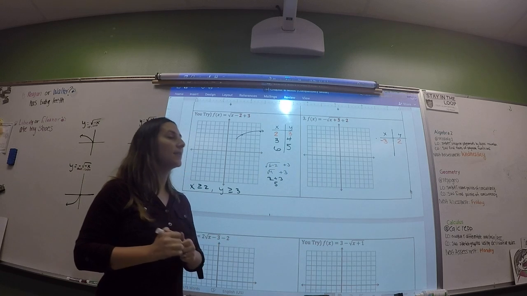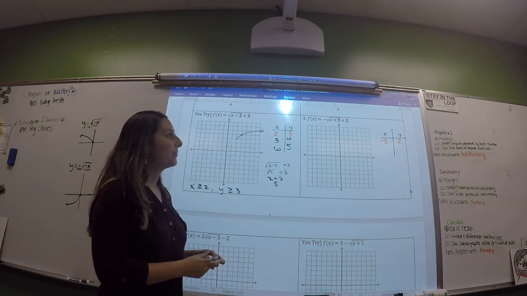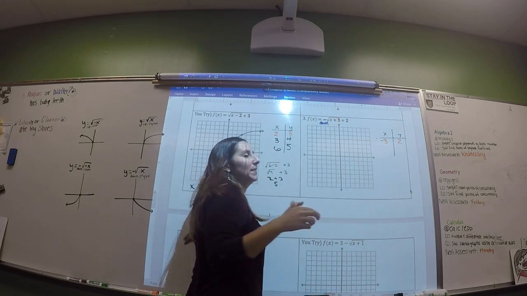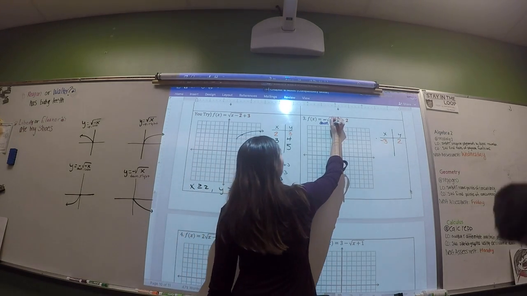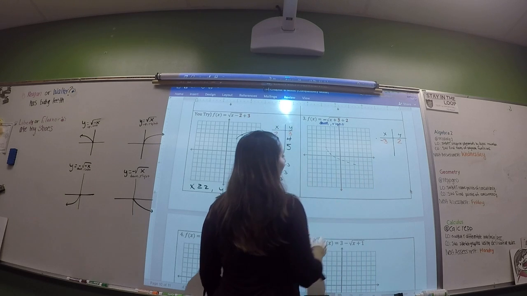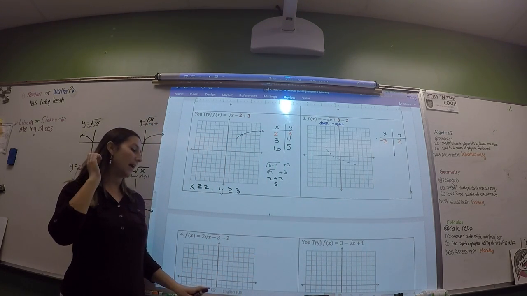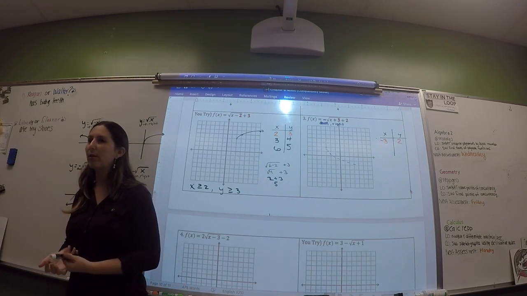Now, because there's a negative sign in front of the radical, that means that it's going to go down. But the x is still positive, so it's still going to go to the right. So it's going to go down and to the right, something like this. And you'll know that anyway when you start plugging stuff in. You just want to make sure you plug the right things in.